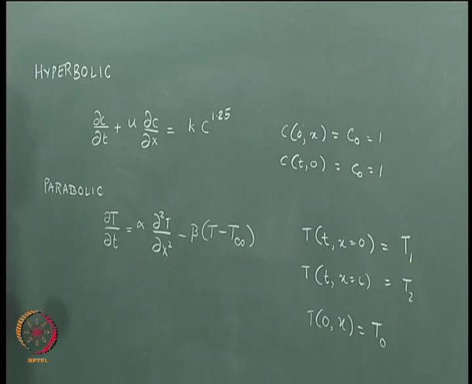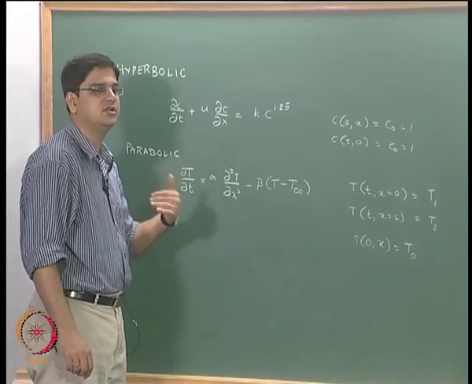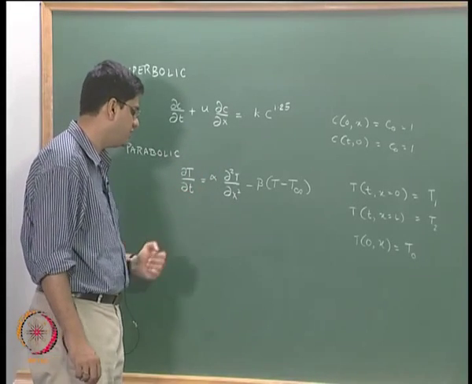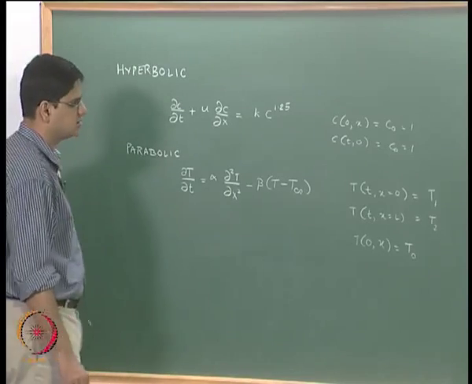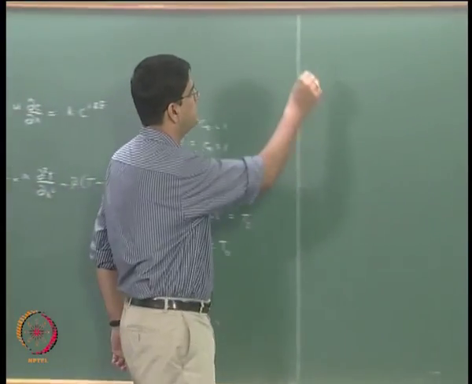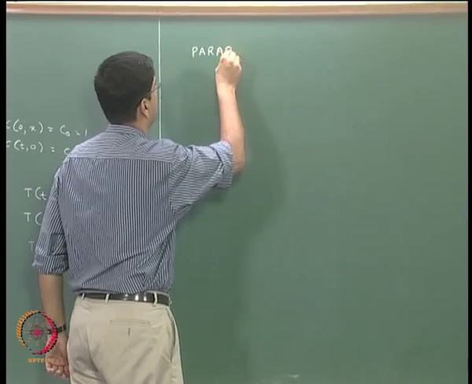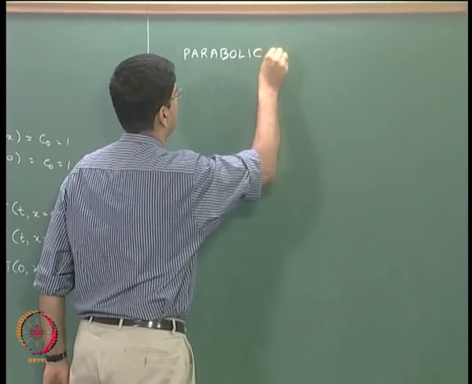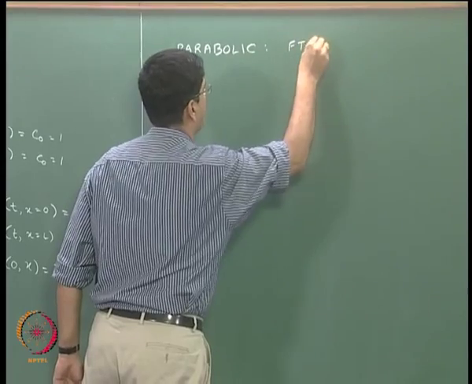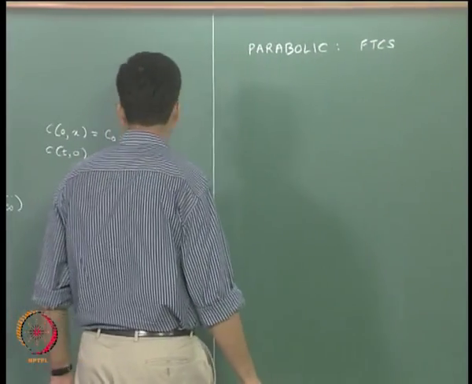We will start off with the parabolic equation example, and for the parabolic equation one of the methods we said that we can use is a finite difference method, in which we will use the forward in time central in space method, the FTCS method.